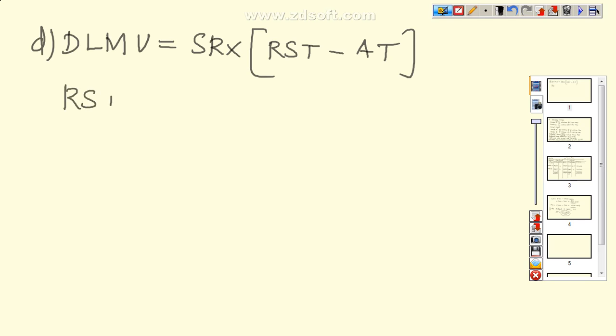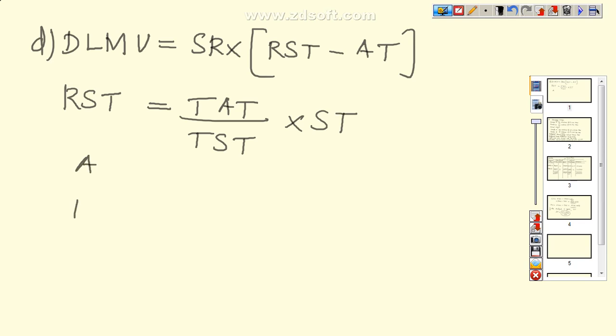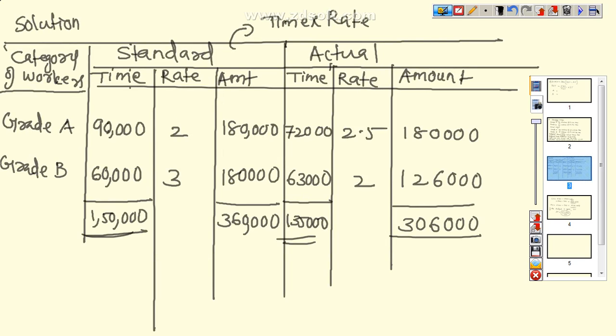RST means revised standard time, that is equal to total actual time upon total standard time multiplied by standard time. There are two grade workers, A as well as B. Total actual time is 1,35,000, and total standard time is 1,50,000.